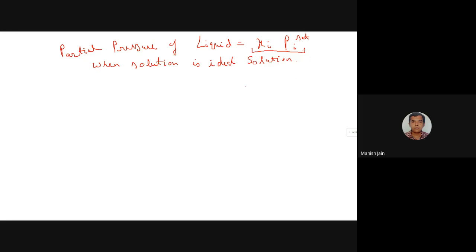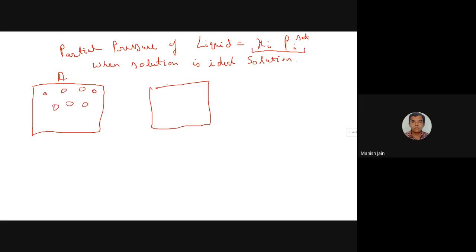And what is the definition of an ideal solution? Ideal solution means the partial property should be equal to the total property, which I have already explained in the previous classes. Suppose you have two components, component A and component B. These are the molecules of component A, and these are the molecules of component B. Whenever you have compounds, there are intermolecular forces, some interaction between the molecules, which define the physical properties.